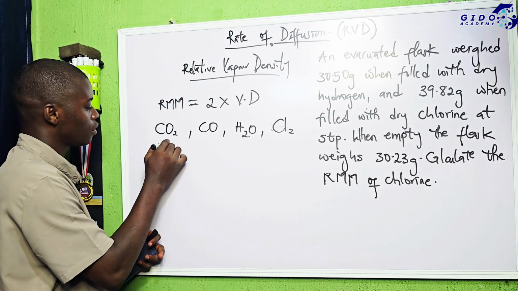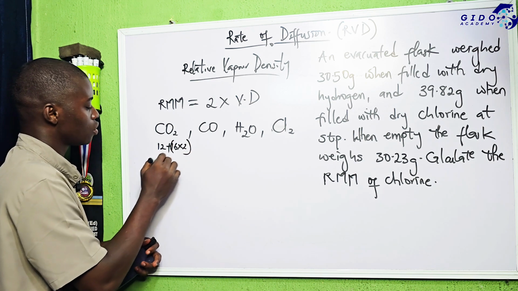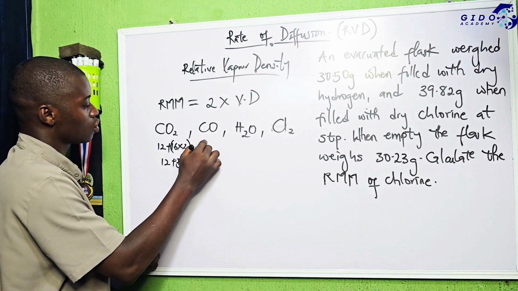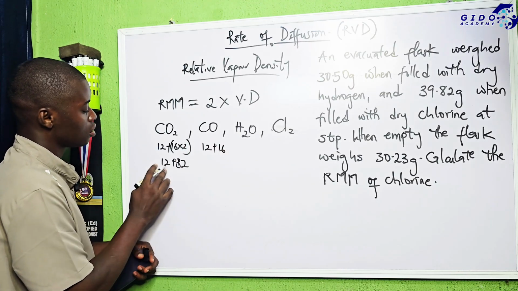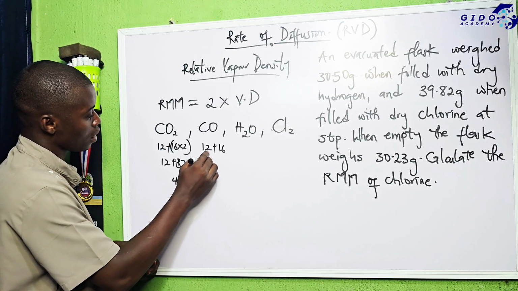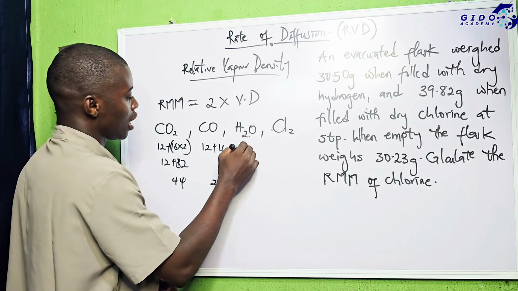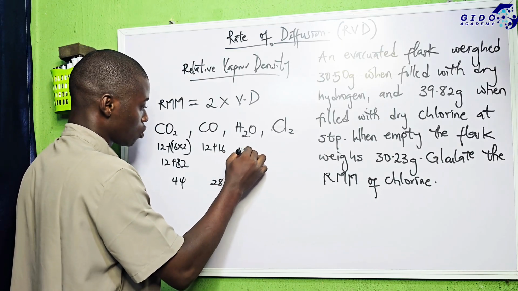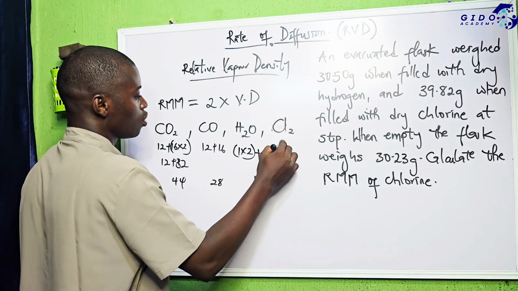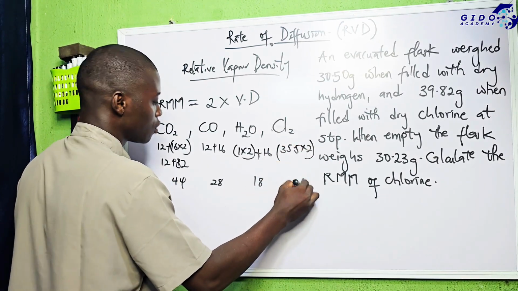So here is 12, oxygen is 16 times 2, that will give us 12 plus 32, which is 44. Then 12 plus 16 gives us 28. Then hydrogen is 1 times 2, plus oxygen is 16, that gives us 18. Chlorine is 35.5 times 2, that will give us 71.